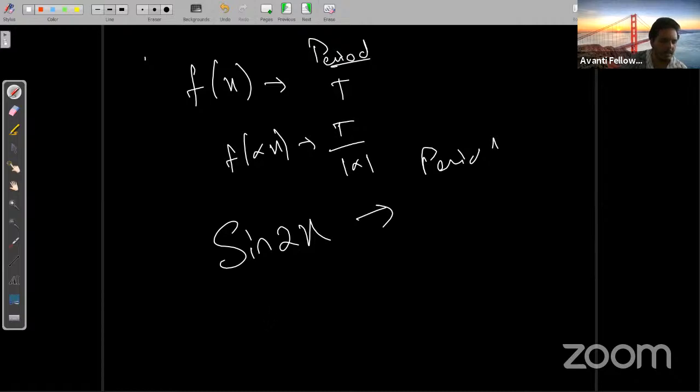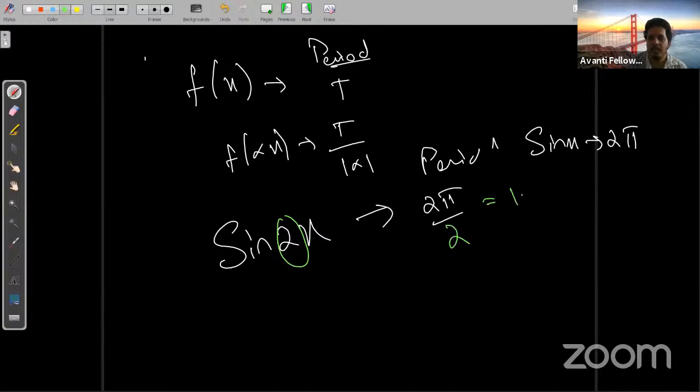Okay, come on, tell me here, what is the period of sin 2x? What I have told you, just now I told you that period of sin x is equal to 2 pi. So what is the period of sin 2x? It is 2 pi by whatever the coefficient is there, right? 2 pi by 2, so it is pi. Period of sin 2x is pi.